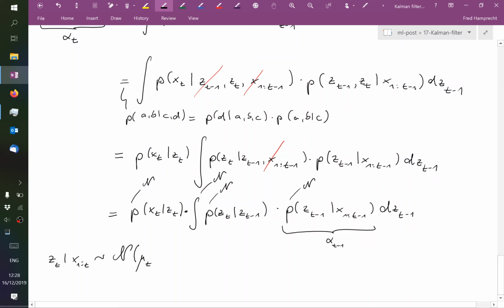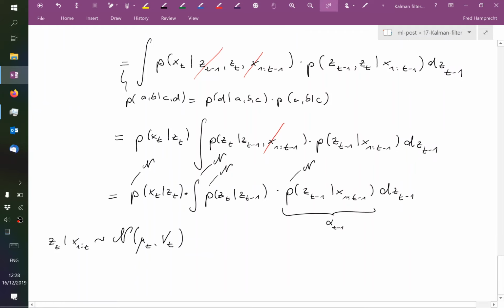Let's say this is a normal distribution centered at mu t and with a covariance of Vt. What we want to get out ultimately are this mu and the V.